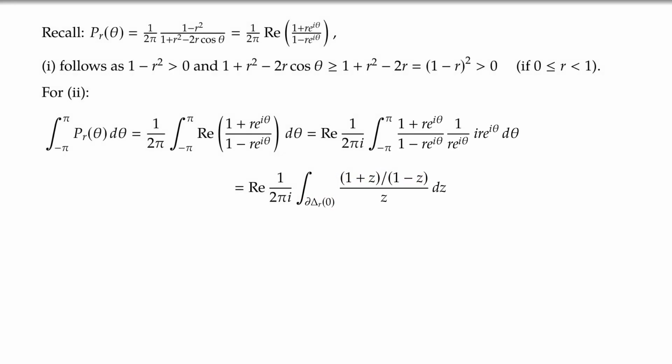Okay, well, now we're essentially done, because this thing we know how to compute.